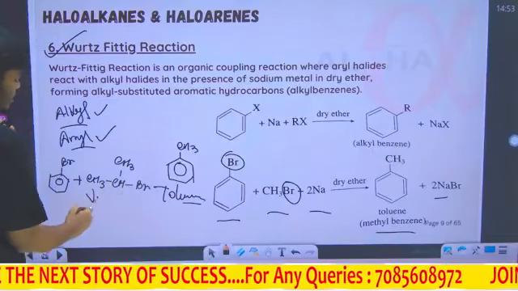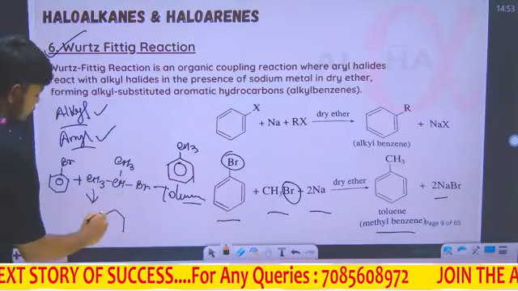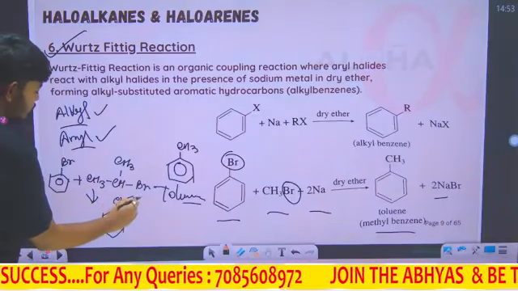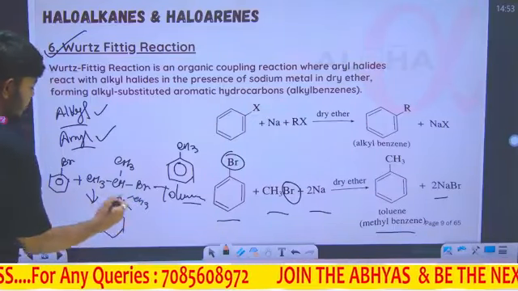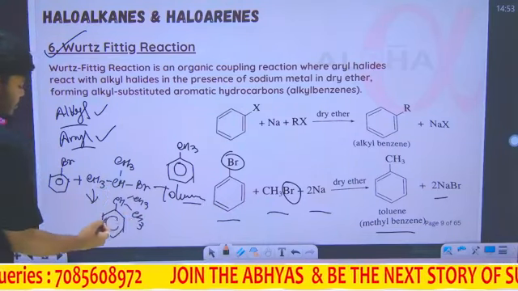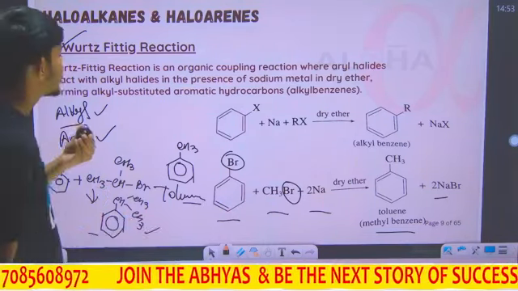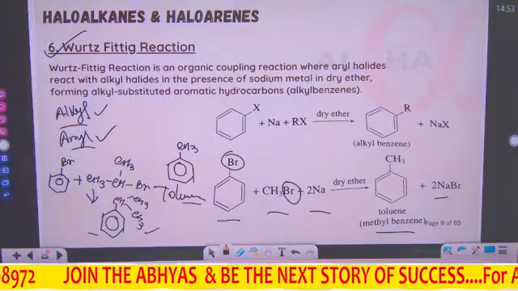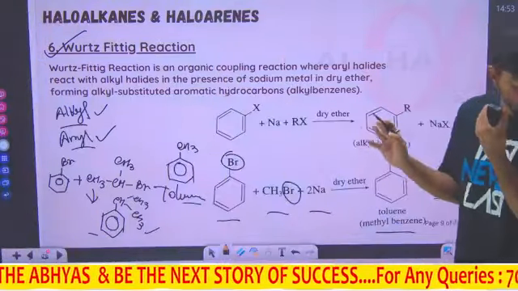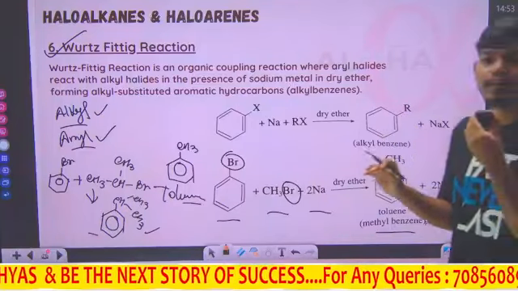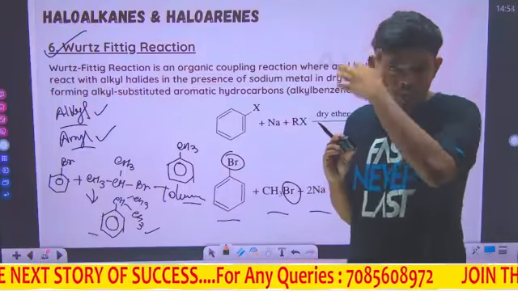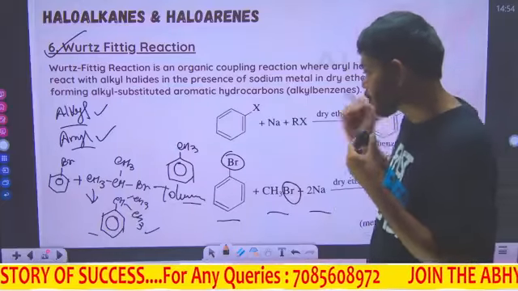What is the product? This will be the product, CH3, 2 groups. I'm going to keep the page clean, so you can just take any screenshot, or if you want the PDF, you can ask in the comment section. I guess it will be provided to you.